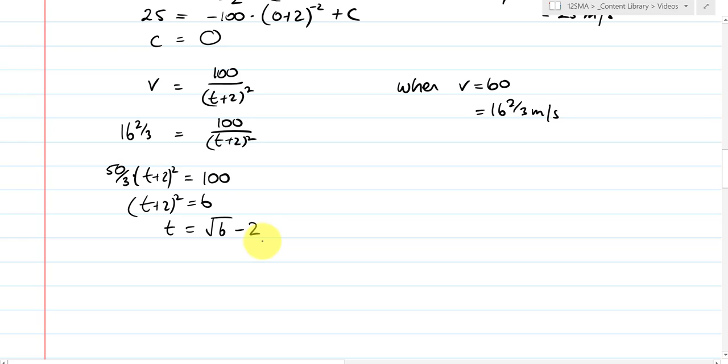And of course, plus or minus the square root of 6, but we're not going to have a negative time, so I'll leave it as positive, and that's approximately 0.45 seconds. It's small, but it's kind of what I was expecting, because that resistive force was quite high, like 320 kilonewtons over time, so I was expecting it to be pretty small.